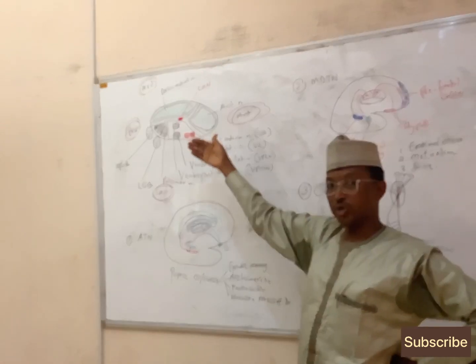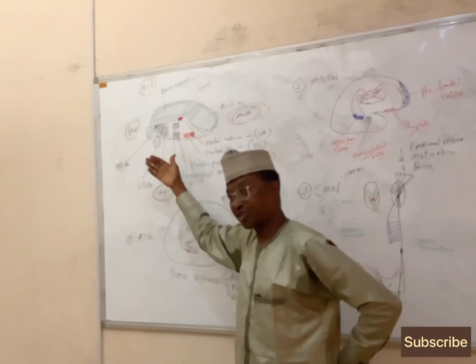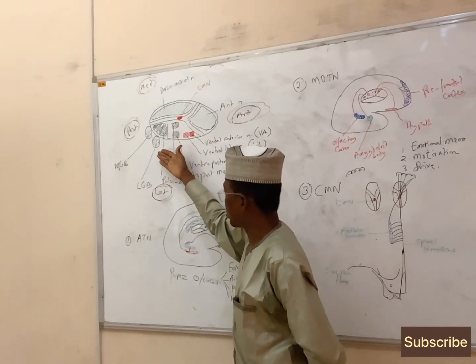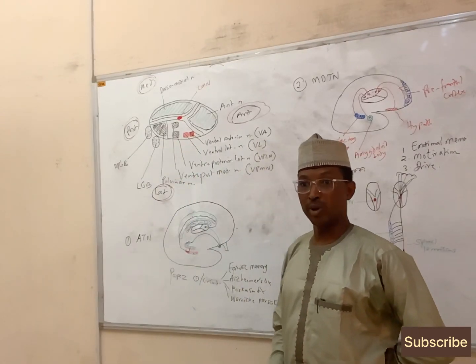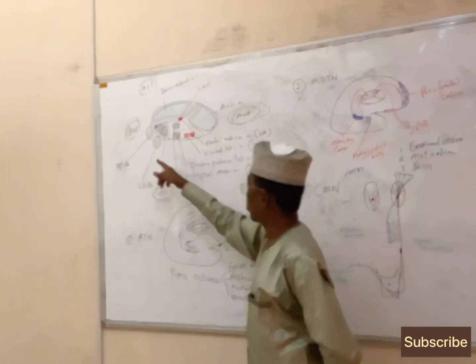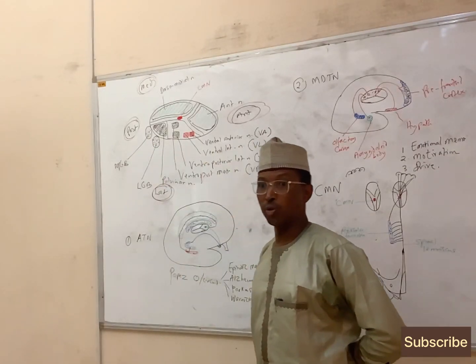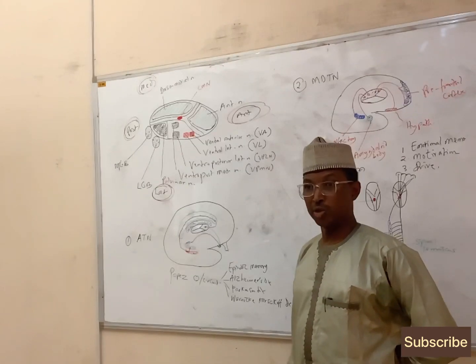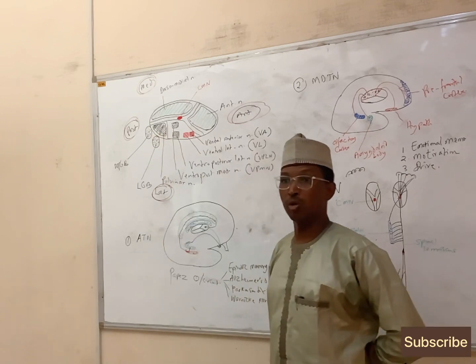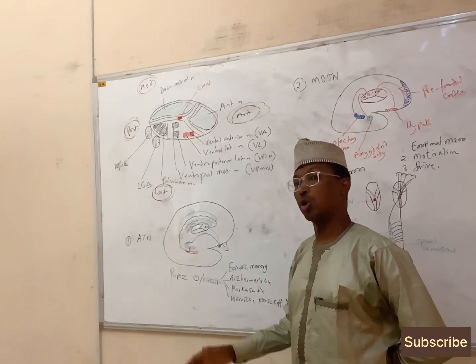We call those geniculate bodies or geniculate nuclei. The one on the lateral side is called the lateral geniculate body or lateral geniculate nucleus. The other one is called the medial geniculate body or medial geniculate nucleus. They are just by the side of the posterior aspect of the thalamus, which we call the pulvinar, if you can remember very well.